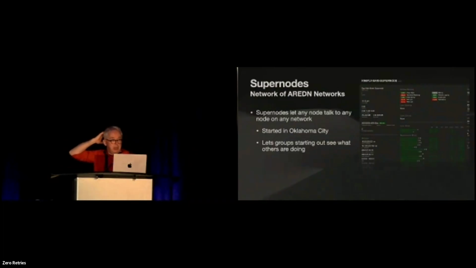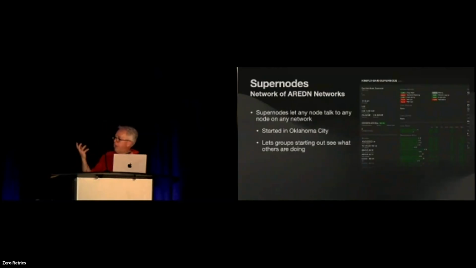And at the time, a very nice chap in Fremont, just down the road from where I live, who runs a big data center and ISP hub in Fremont called Hurricane Electric, said, oh, you want to put some AREDN stuff on the roof of Hurricane Electric? Sure, we can do that.